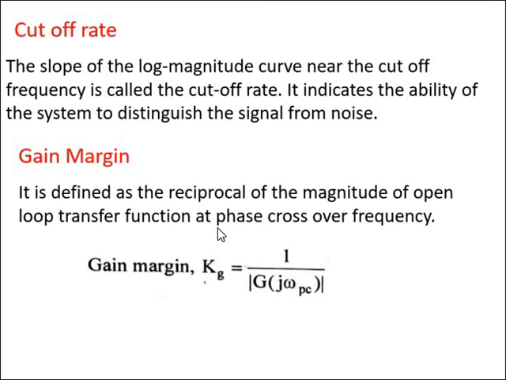And the frequency is the phase crossover frequency. So that omega can be represented as omega pc. pc means phase crossover frequency. So this is the formula for calculating the gain margin. Kg is equal to 1 by mod G of j omega pc.